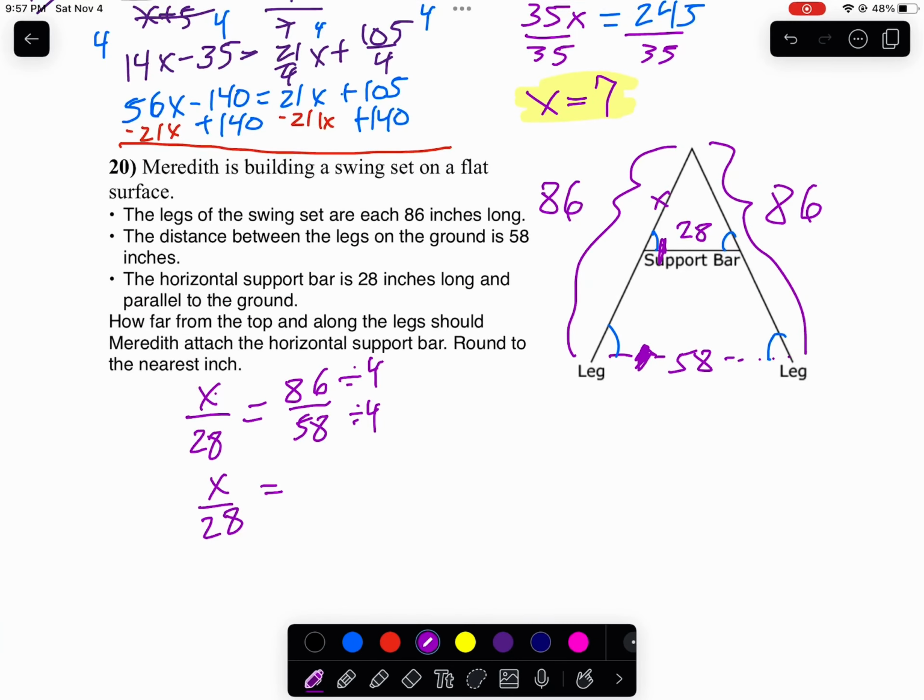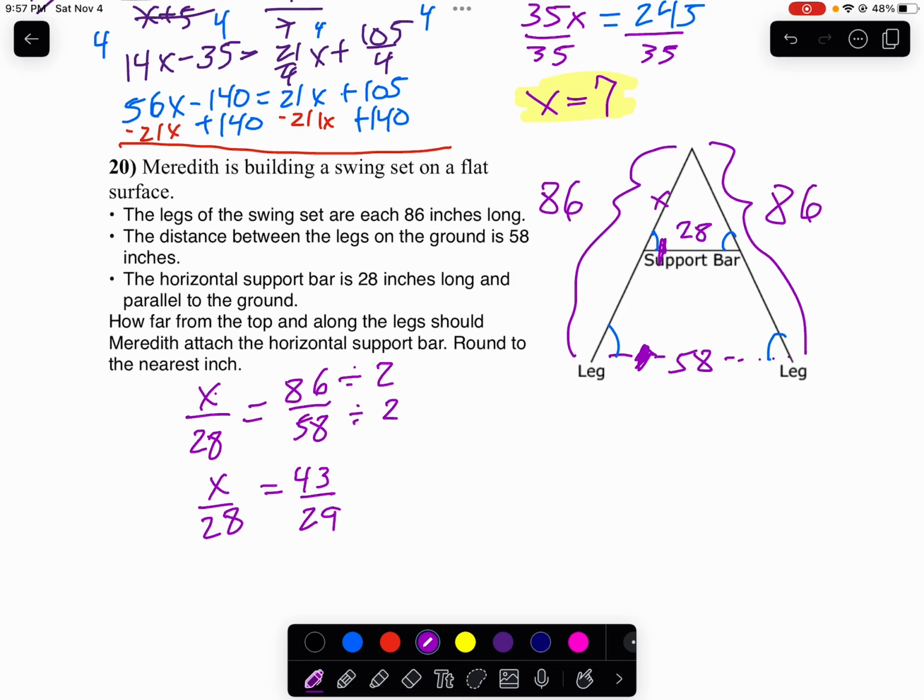So I'll divide them both by 2 instead. So 86 divided by 2 is 43. 58 divided by 2 is 29.